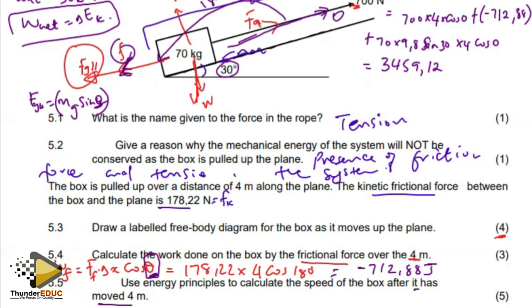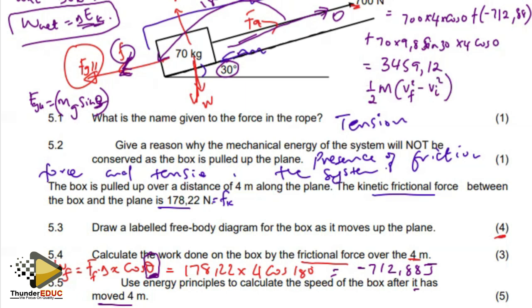So we say net work must be equal to the change in kinetic energy. So the change is going to be a half m, v final squared minus v initial squared. I think that's how I can best put it.